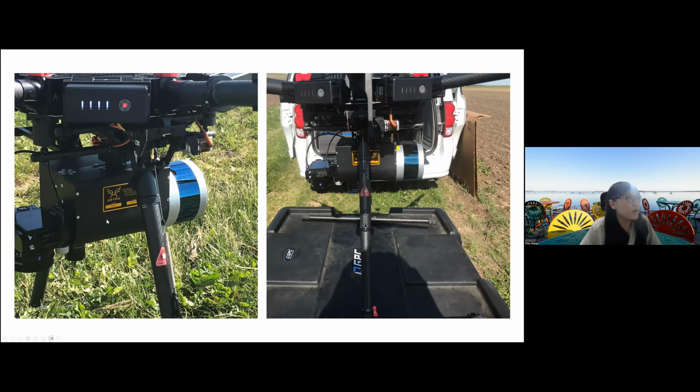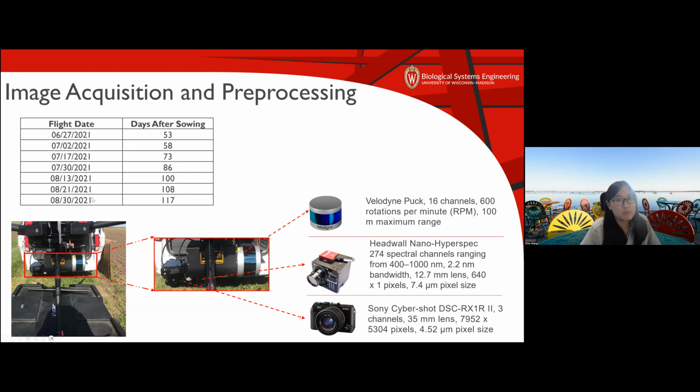These are some detailed specs of all our sensors, and we collected our data through the entire maize silage growing season. We used a data collection schedule of every 2 weeks. This shows the days after sowing. We started at the end of June and continued until the end of August.